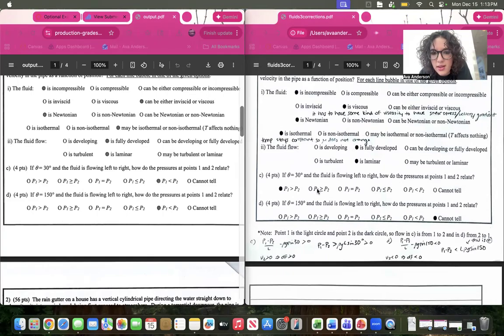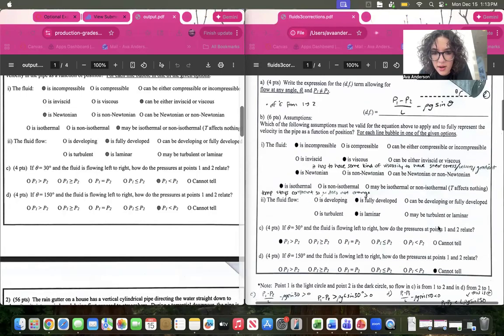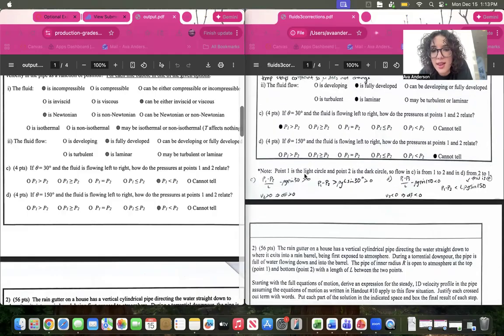Down here, we can look at the pressure force that we solved for up here. We can just plug into that, saying that it's 30 degrees. We can say that this whole term is greater than zero. Then we can isolate the P1 minus P2 term, and since that is greater than rho g L sine of 30 degrees, it's also greater than zero.